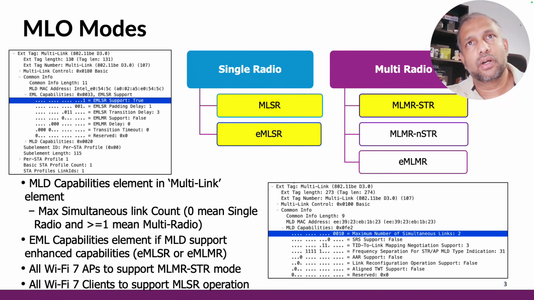So I hope this is useful to you, identifying which mode of multi-link operation. So as a key takeaway, remember we are using 3 main modes: multi-link single radio or enhanced multi-link single radio. Like an Intel BE200 client falls into this category, enhanced multi-link single radio. These clients are typically not very common.